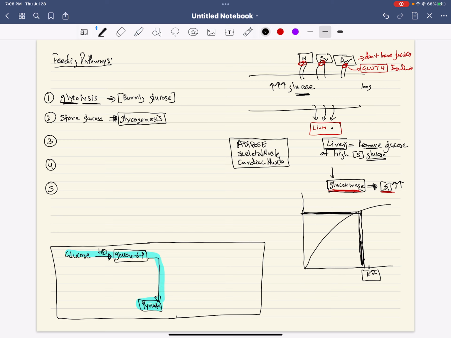And then you're storing glucose, so you can store some of this here, number two, in the form of glycogen. And you still have a lot of glucose to burn, so what you will do is shift this pyruvate into the mitochondria, and then convert this into acetyl-CoA, and then keep on going to oxaloacetate.